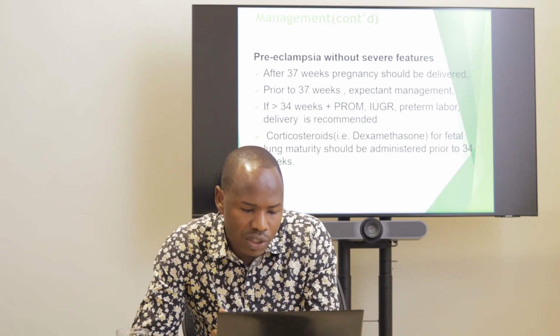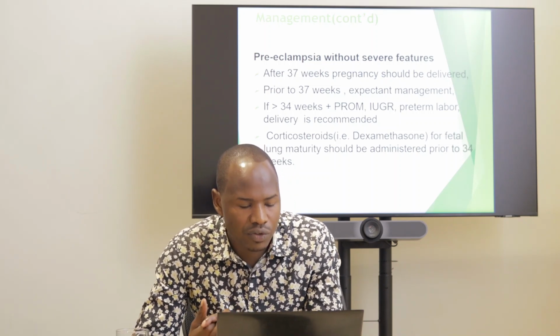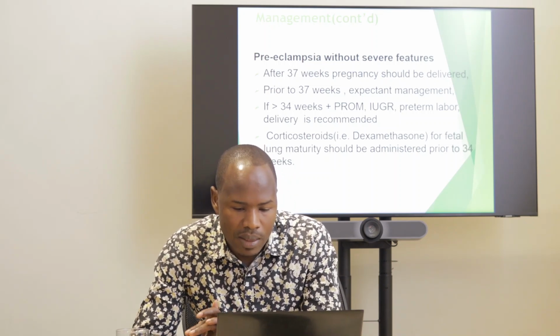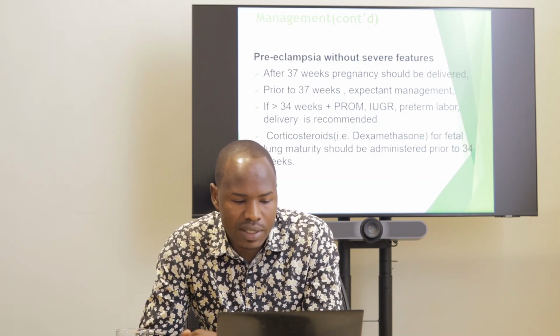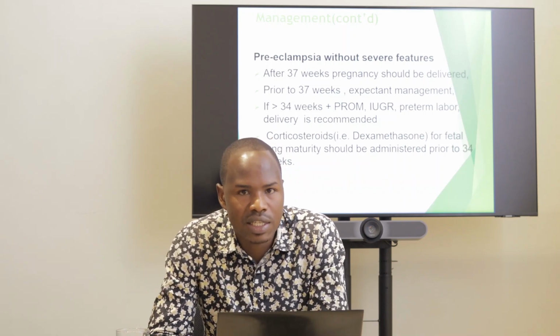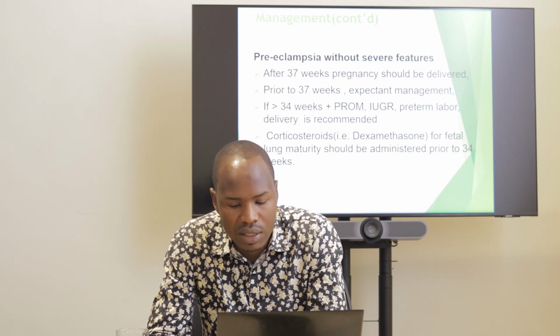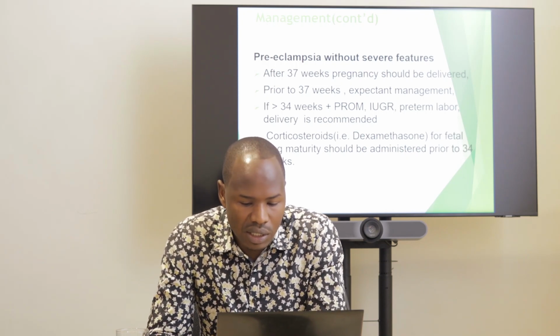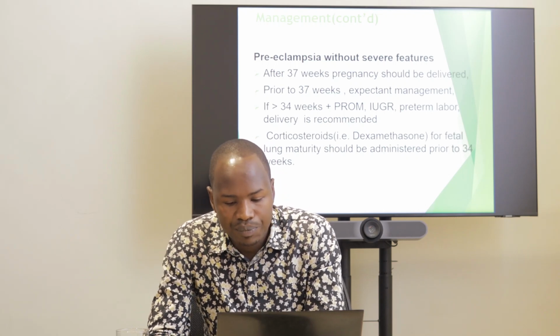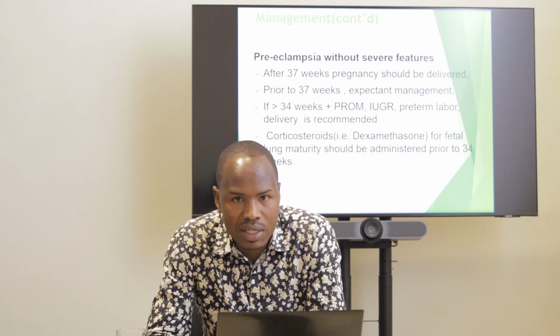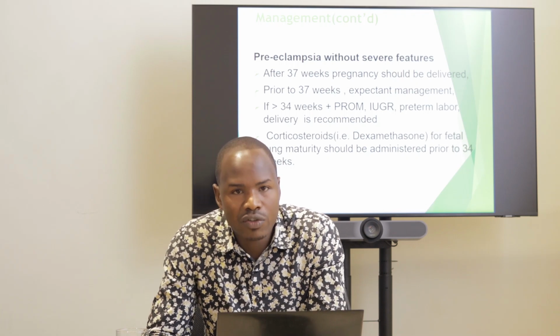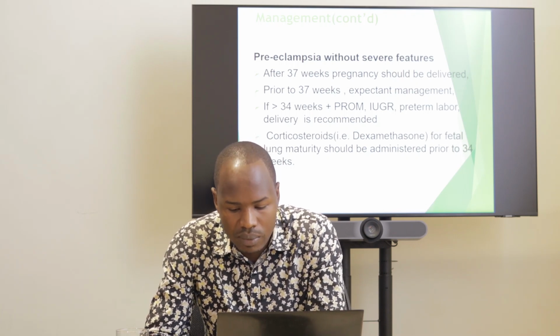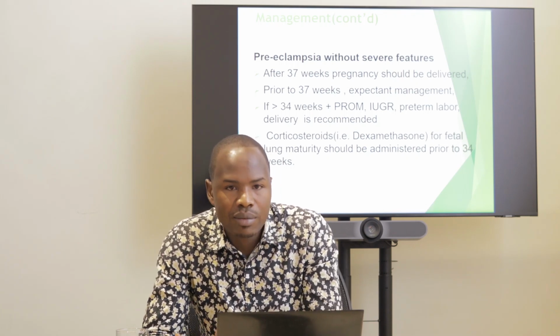Also, we have to give corticosteroids for fetal lung maturity when gestational age is less than 34 weeks. This is because if the mother delivers a baby which is less than 34 weeks, there is a risk of lung collapse due to lung immaturity.